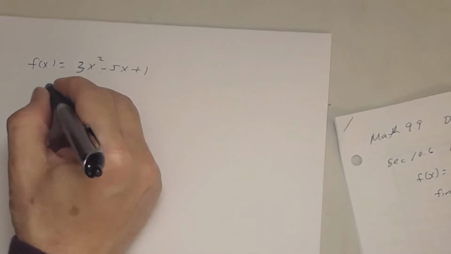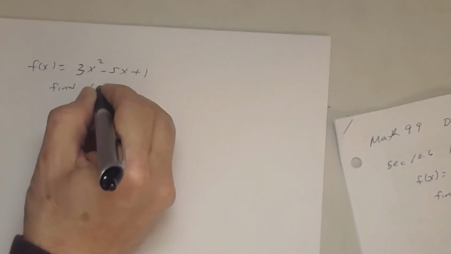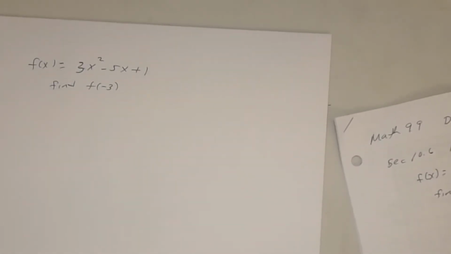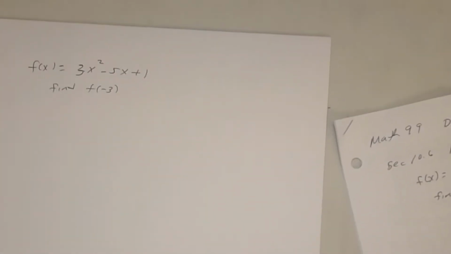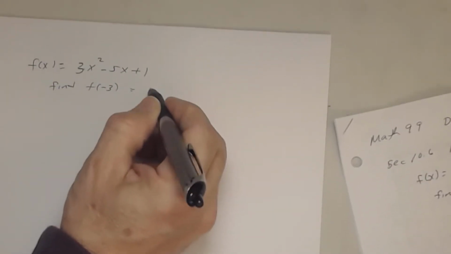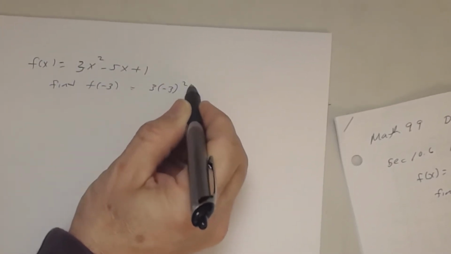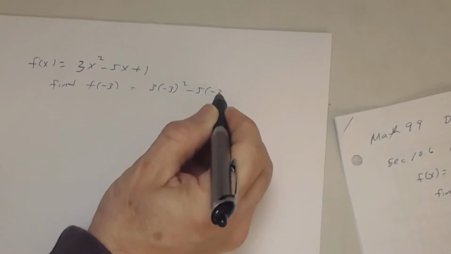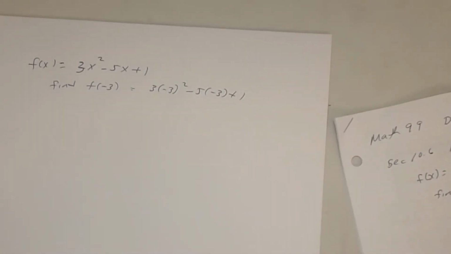Now you all know that if I say find f of -3, that's the easy kind. Substituting an integer is the easy kind. So where we see the variable x, you're going to substitute -3. So that's going to be 3 times -3 squared minus 5 times -3 plus 1. You all agree? Yep.